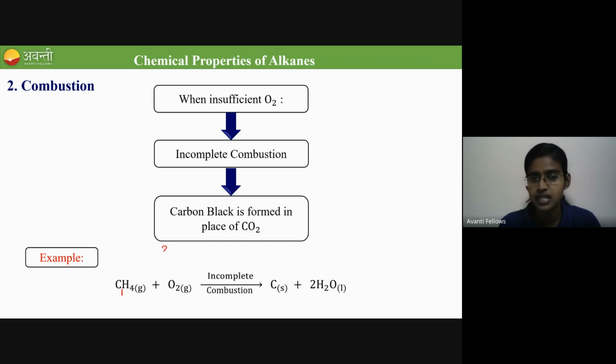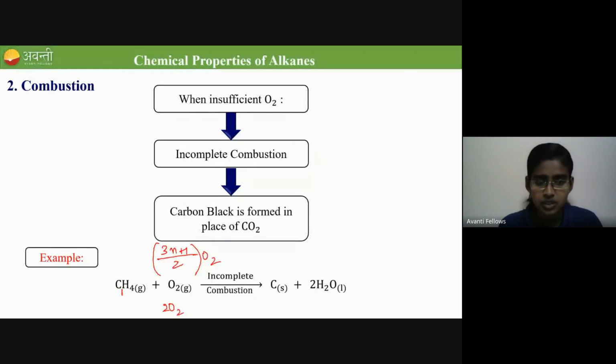The formula says we need (3n+1)/2 moles of oxygen. If you substitute n as 1, then 3 into 1 is 3, 3 plus 1 is 4, and 4 by 2 is 2. We need 2 moles of oxygen for methane to undergo complete combustion.